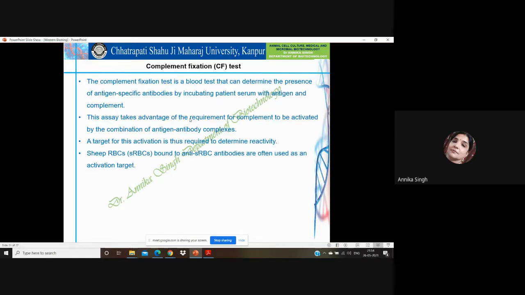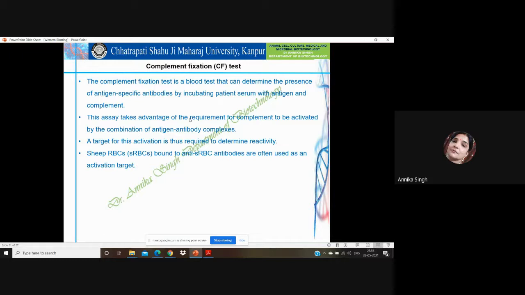The next technique is the complement fixation test. Actually, the complement fixation test is an immunological test that can be used to detect the presence of either specific antibody or specific antigen in a particular patient serum.